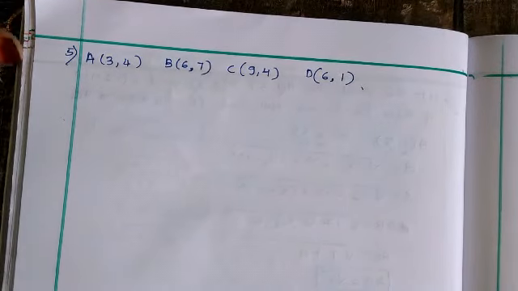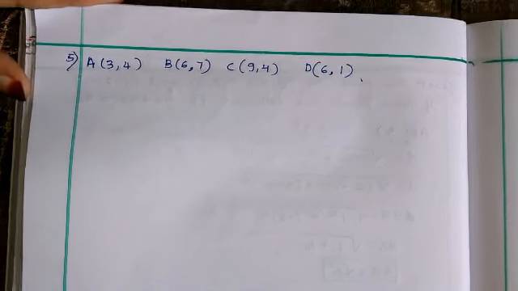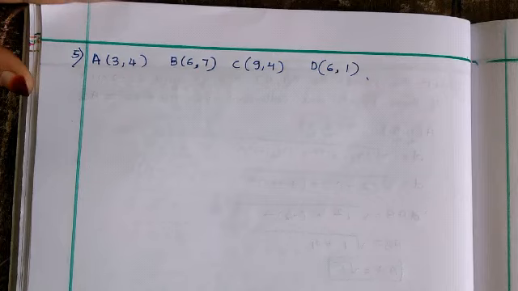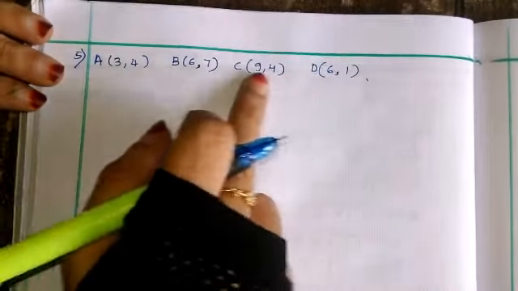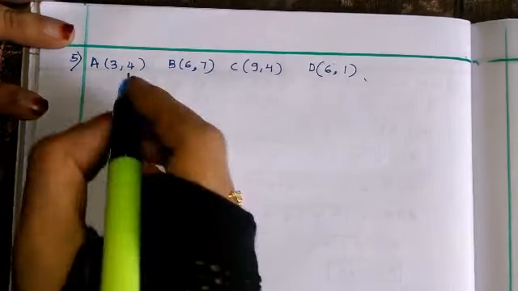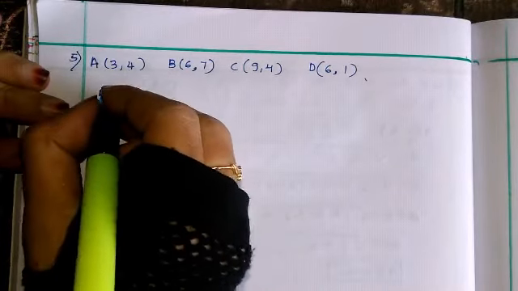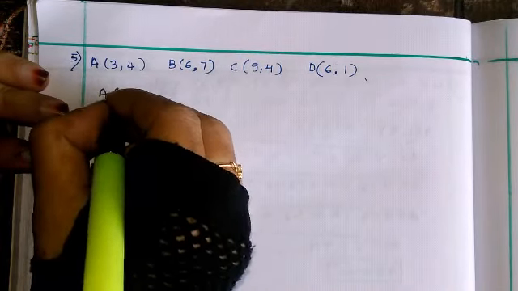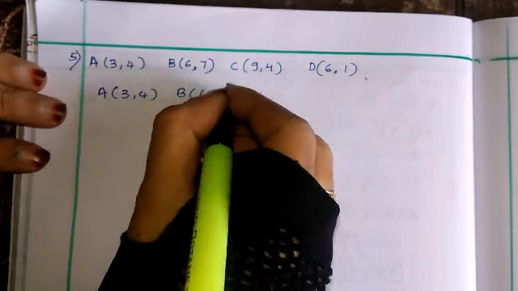Champa is saying it is a square, but Chameli is disagreeing. So let us see who is correct. Therefore, the points are these. Let us check. Let us go for side AB. A is 3, 4 and B is 6, 7.